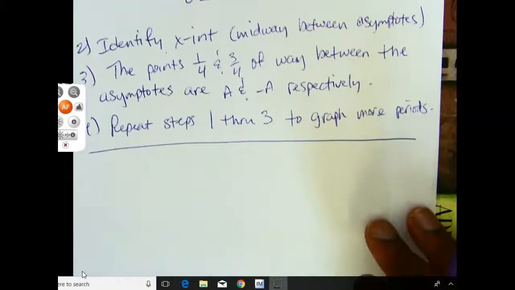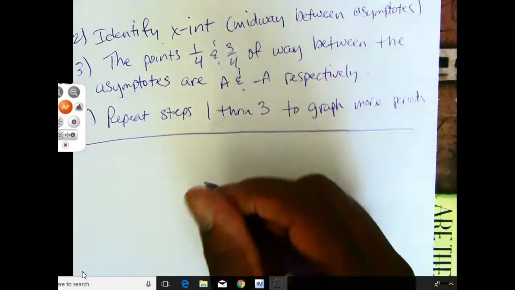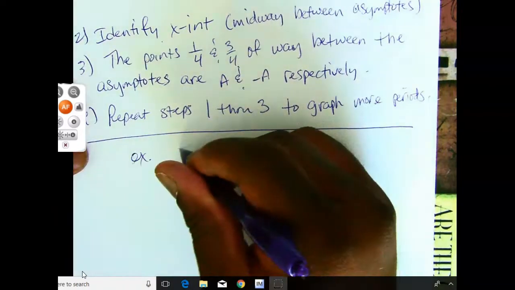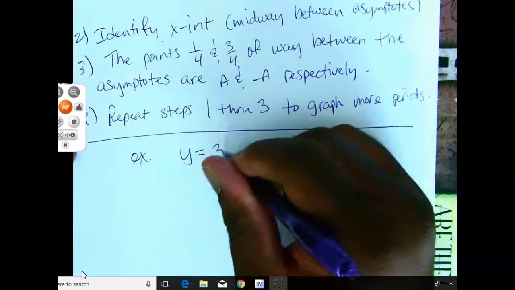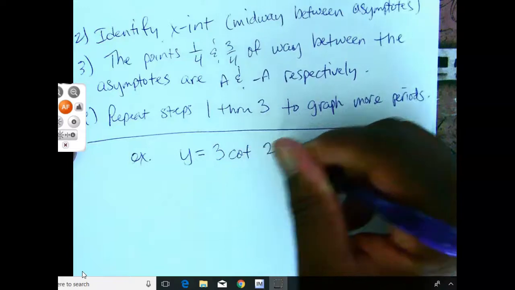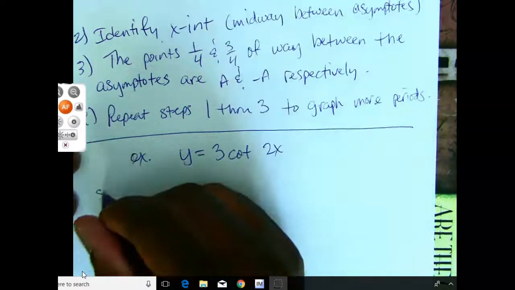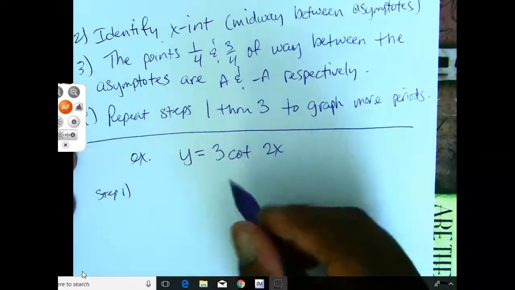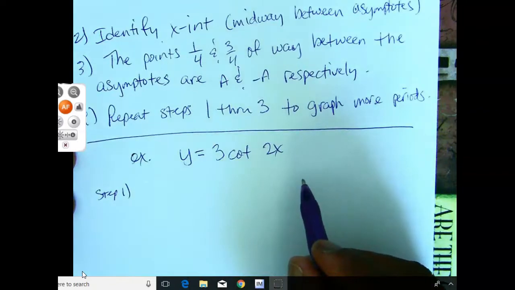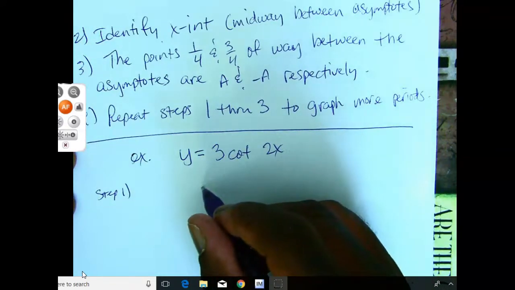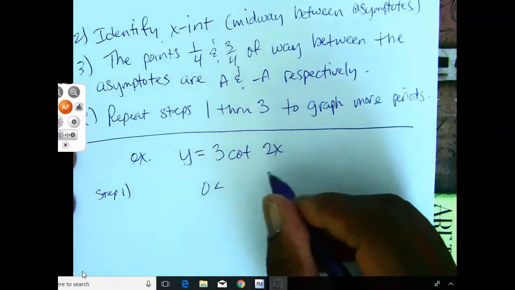Okay, so let's take a look at this graph. y equals 3 cotangent of 2x. Alright, so step 1, we're going to find our asymptotes by going 0 less than bx minus c.